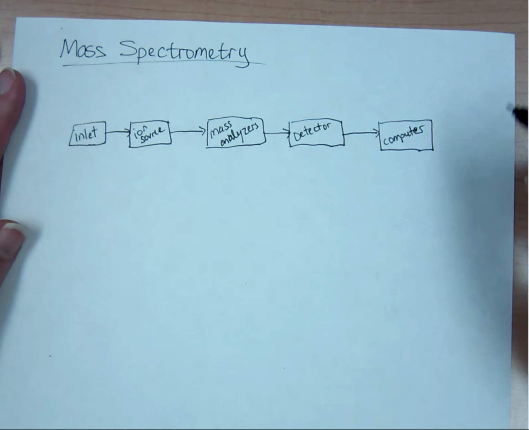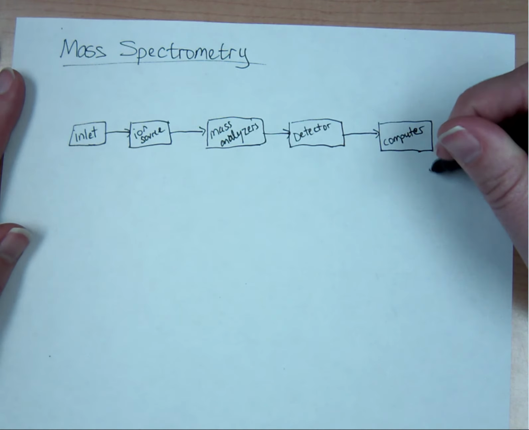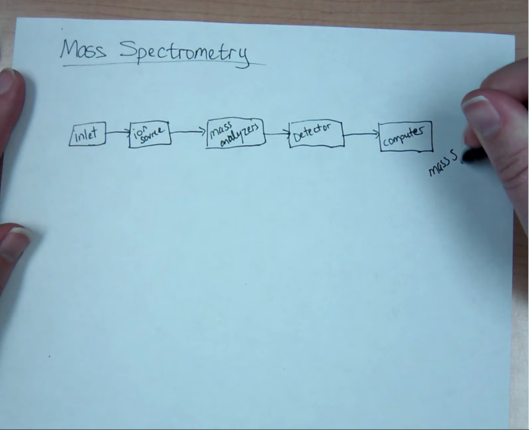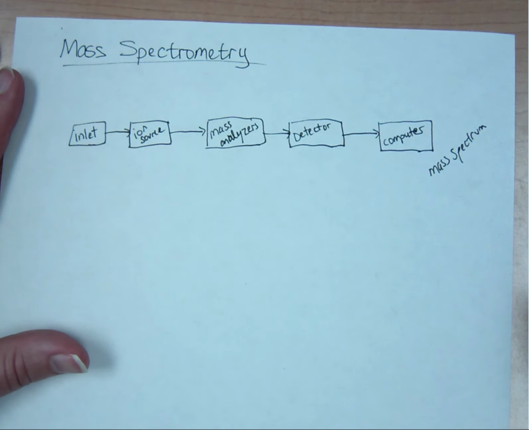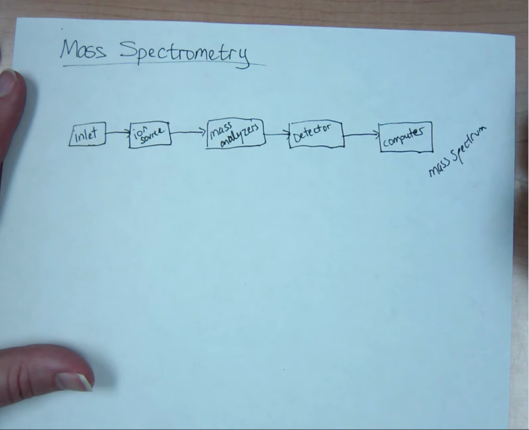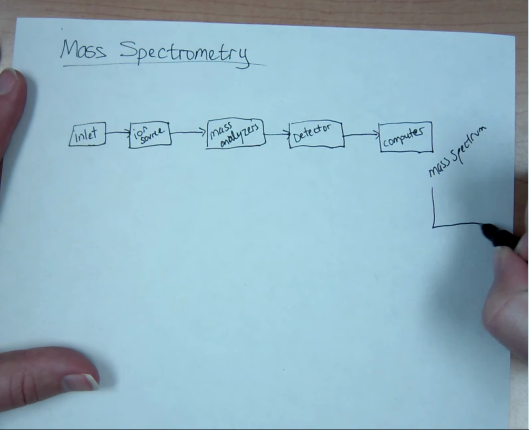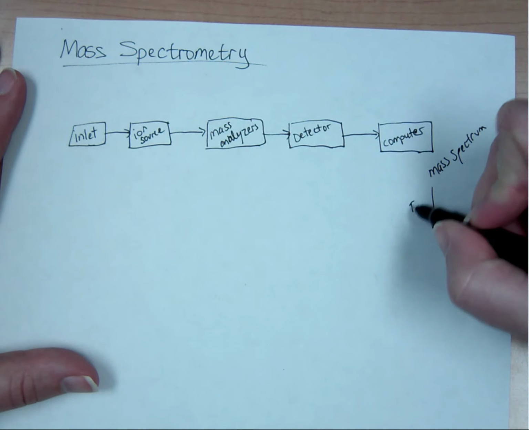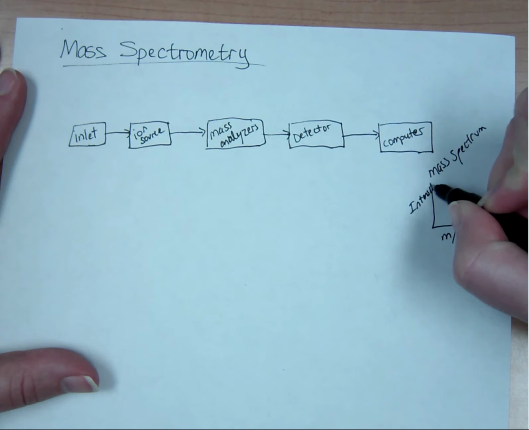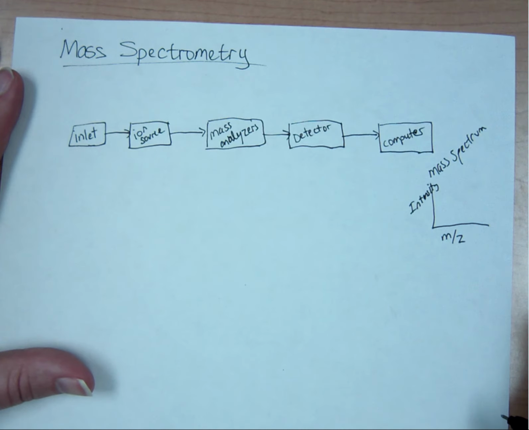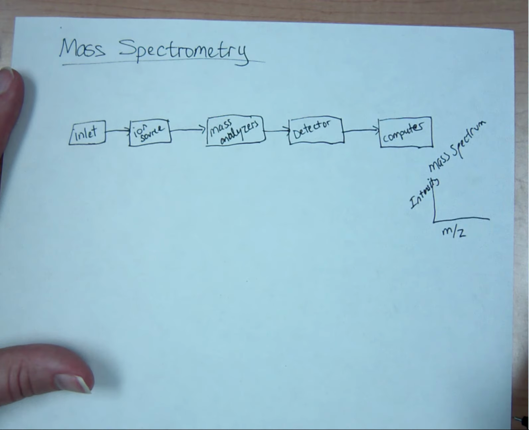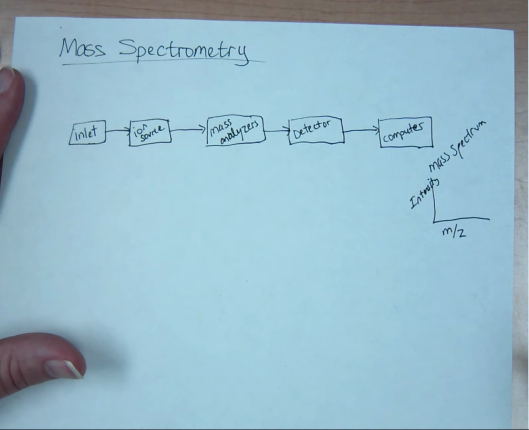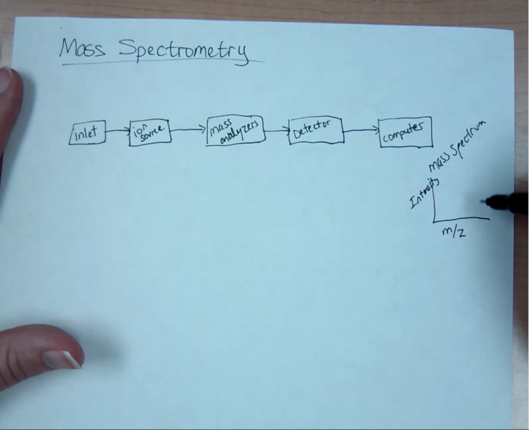And that computer readout, we would call this a mass spectrum. The plural of that would be mass spectra with an A at the end. And a mass spectrum has your mass to charge on the x-axis and some kind of intensity on the y-axis. This can be in terms of number of ions or number of a certain fragment of ion, or total number of ions of that mass to charge.